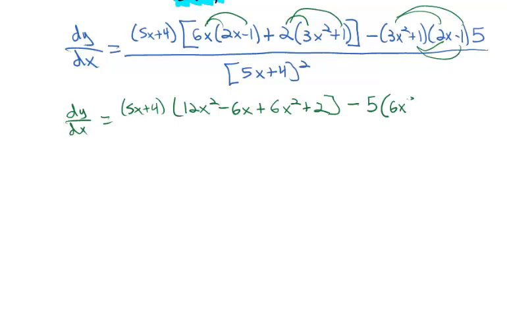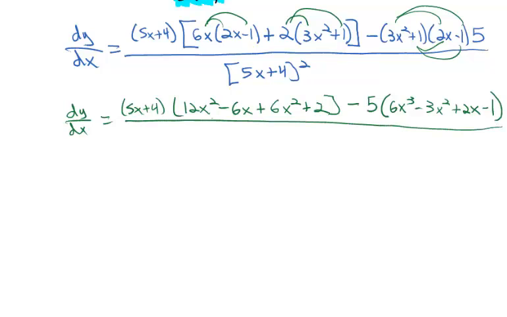So that's going to give us 6x cubed minus 3x squared plus 2x minus 1 all over. We can go ahead and square the bottom, which is 25x squared plus 40x plus 16.